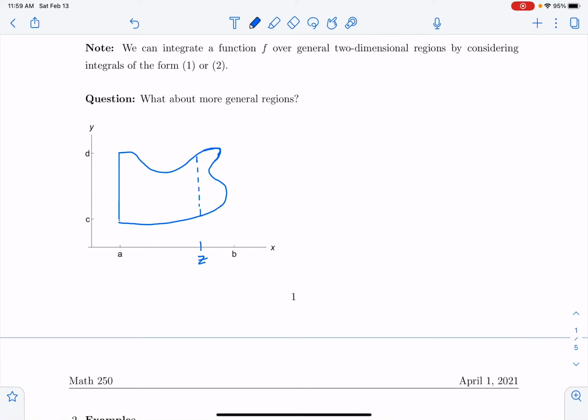And that first region, D1, that's between A and Z, and D1 is a type 1 region.